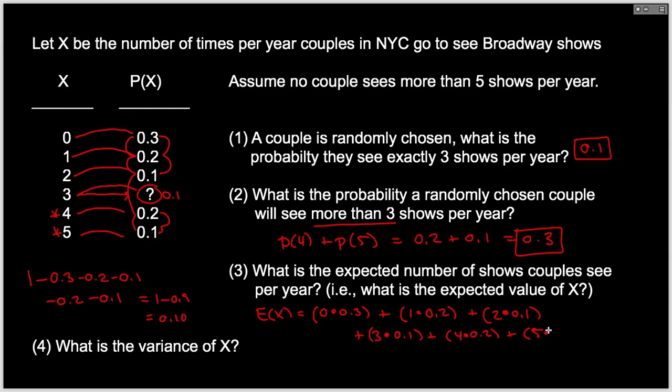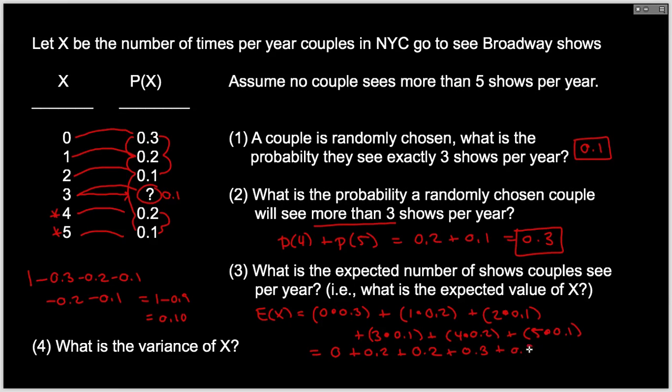So that's going to be equal to 0 plus 0.2 plus 0.2 again plus 0.3, plus 0.8, plus 5 times 0.1 is 0.5. You can do this on a calculator if you want. I'm just doing it like this.